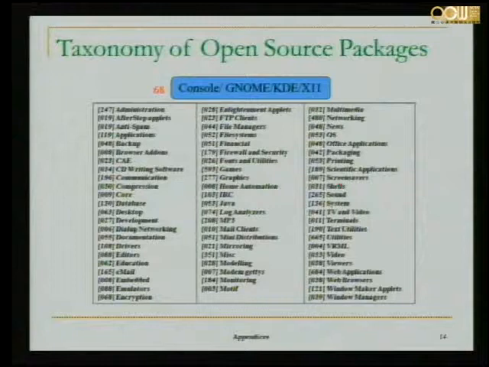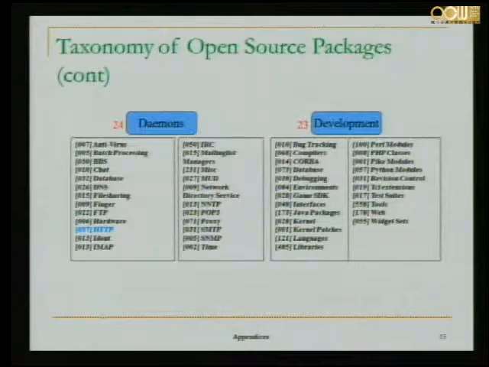Okay, the next thing is open source packages. There are also a lot of open source packages, and I try to classify them. For example, here you see HTTP server. There are 97, perhaps more right now, HTTP daemons, and one of them is the Apache server.